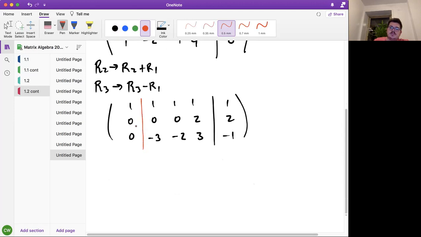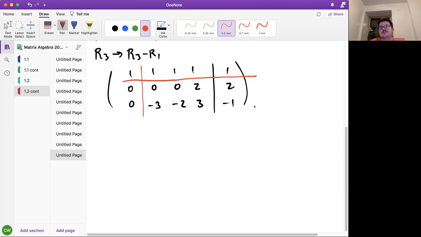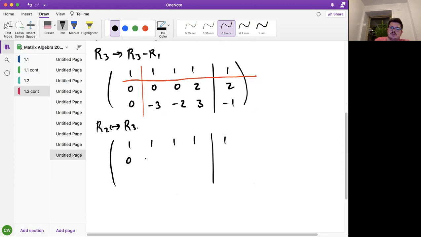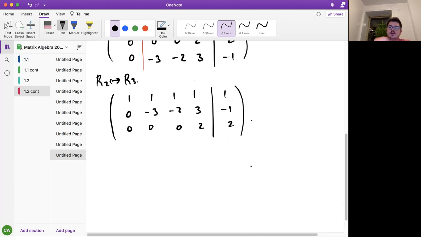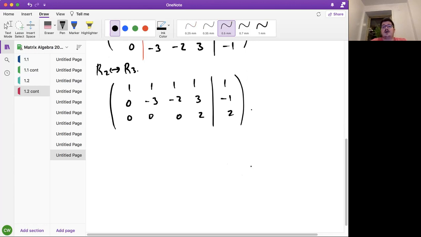So we reduce the system by 1 row, 1 column. And how do we continue? Yes, swap. So let's do a row 2, row 3 swap. 1, 1, 1, 1, 1, 0, -3, -2, 3, -1, and then 0, 0, 0, 2, 2. Okay, so what do we do now?